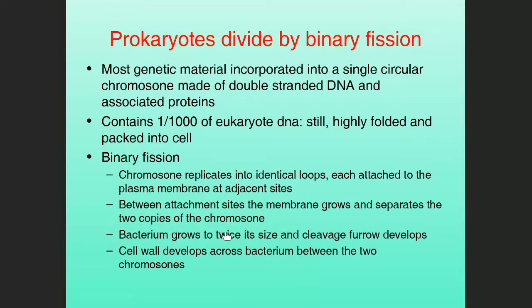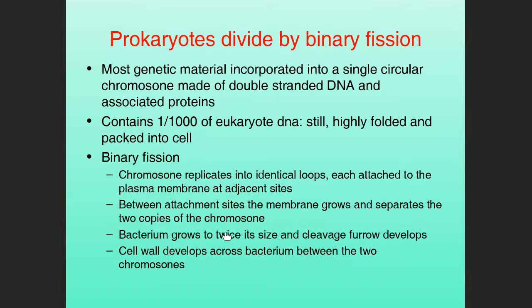It is still highly folded and packed into the cell. Even as a small genome, it is highly packed, and it contains multiple genes inside the genome. In binary fission, the chromosome replicates into identical loops, each attached to the plasma membrane at adjacent sites.